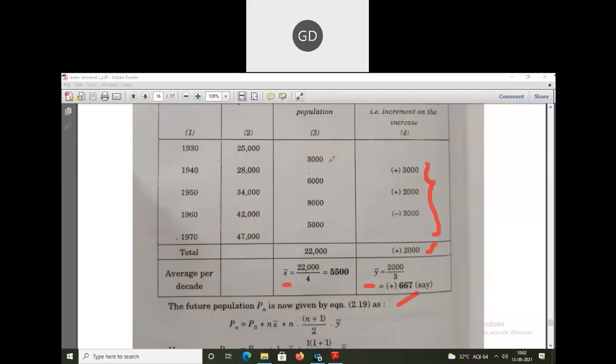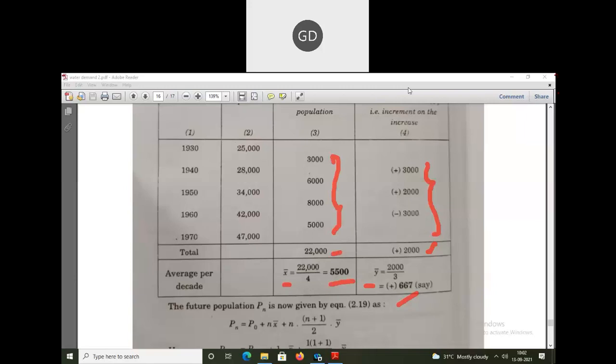Here, since there are 4 values, you take the summation and divide by 4 to get the average x bar, which you got to be 5,500.